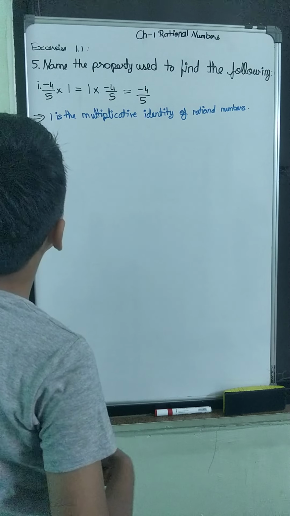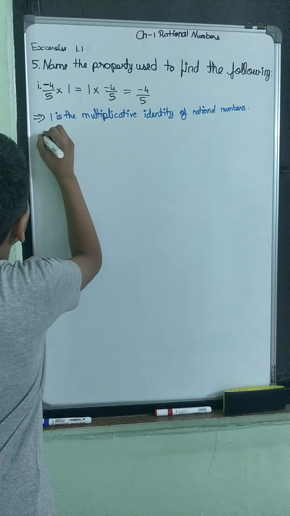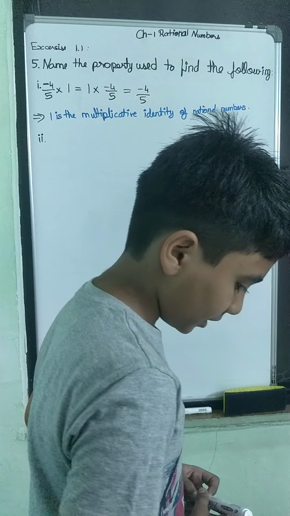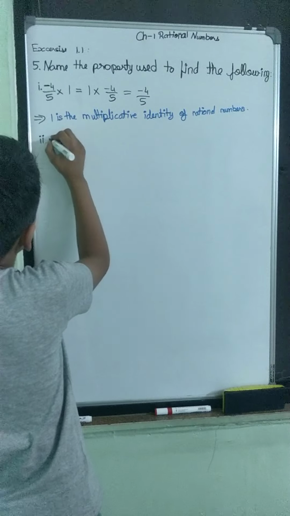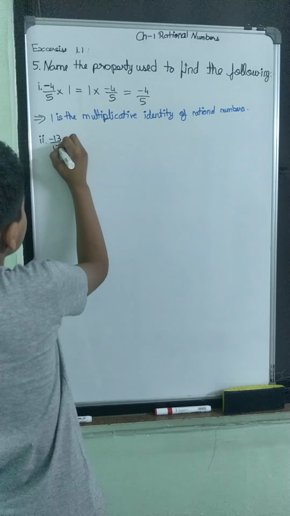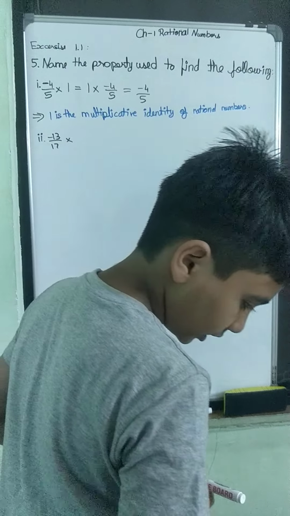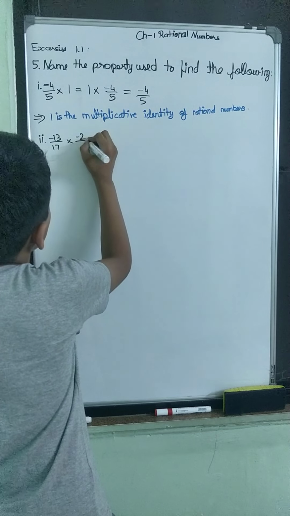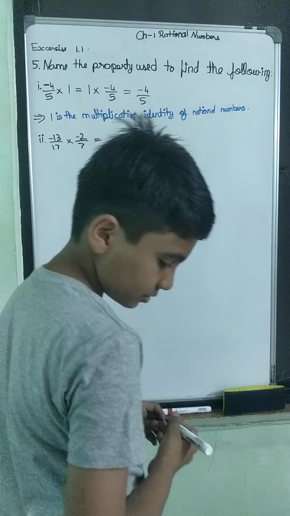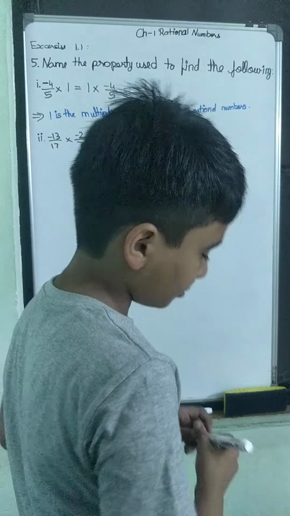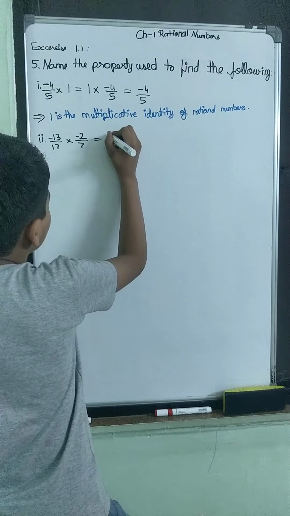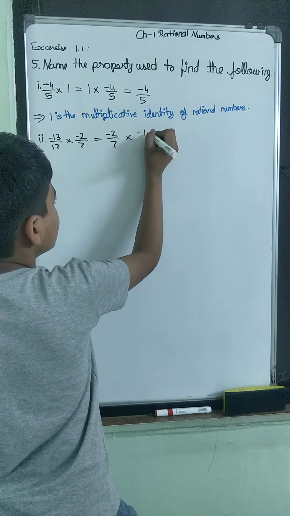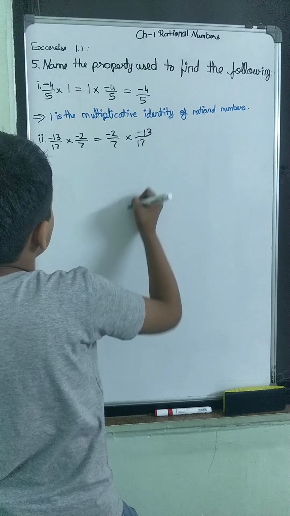Now let's solve the second question. The second question is minus 13 by 17 multiplied by minus 2 by 7 equals minus 2 by 7 multiplied by minus 13 by 17.